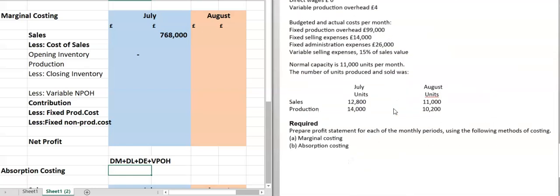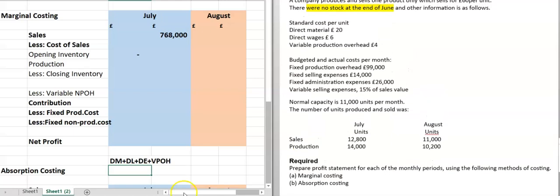So let's go to the question and see. Direct material cost is 20 pounds. Direct labor cost, that is direct wages, is 6 pounds. There are no direct expenses, and variable production overhead is 4 pounds. So your answer will be 30 pounds.